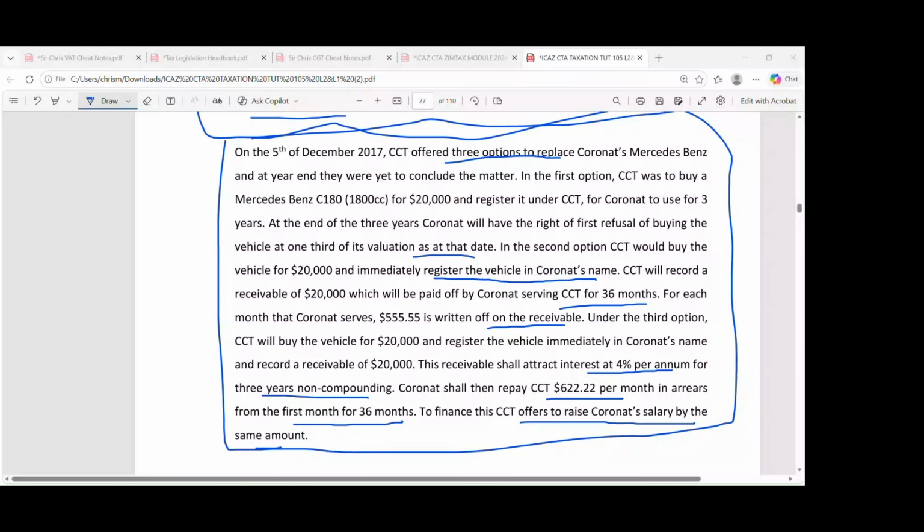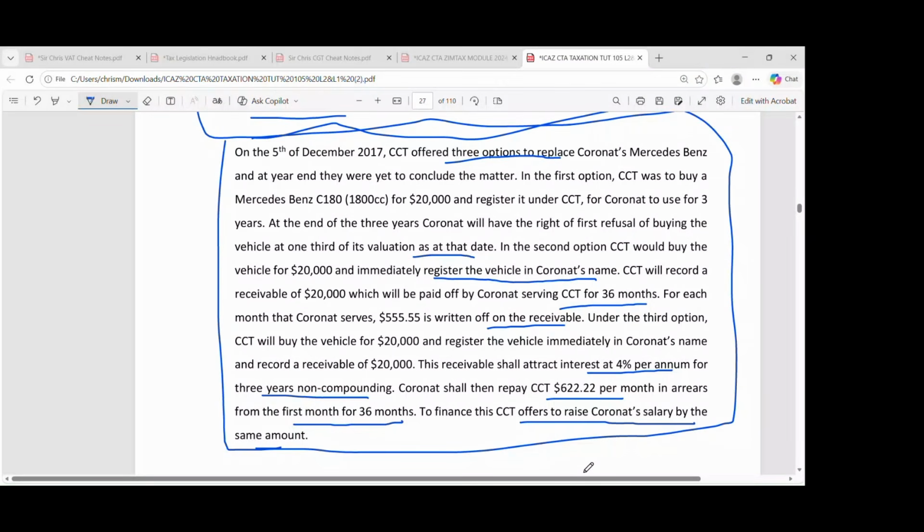Then at the end of 3 years, Colonat has the right of first refusal of buying the vehicle at 1/3 of its valuation at that date. It's after how many years? 3.